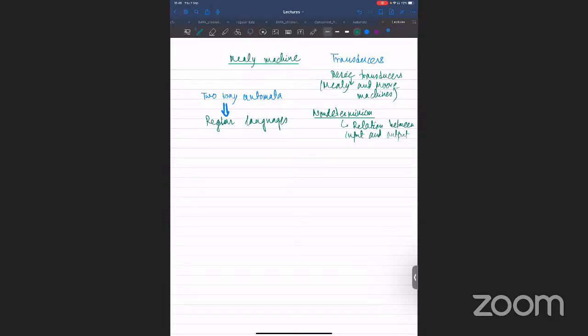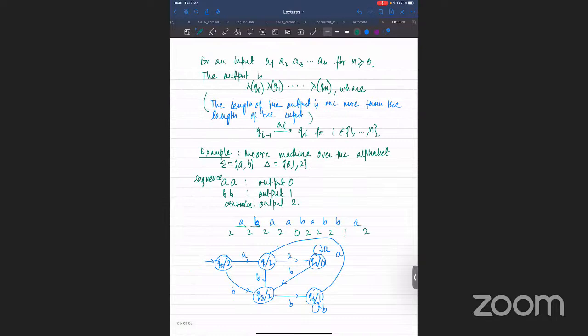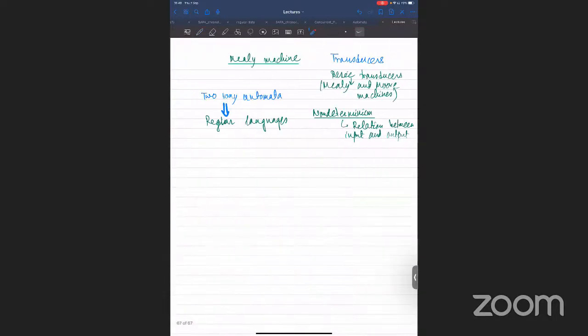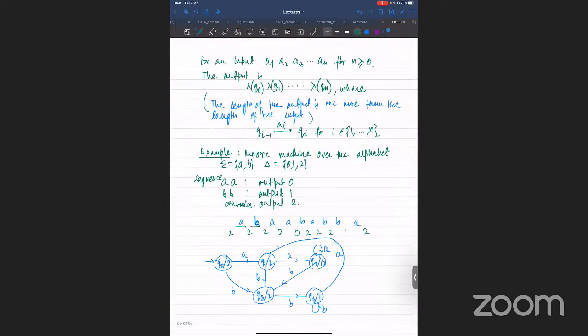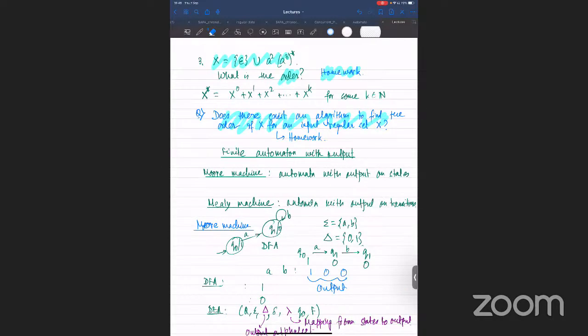So now Mealy machines. What are these? Moore machines had outputs on the states. A Moore machine has output on the states. Mealy machines have outputs on transitions. Often in the case of Moore machines, you have these inputs and the corresponding outputs, and people may not talk about the final state.